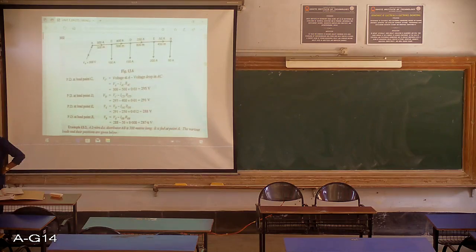Just pay attention here. At C, it is voltage at point A minus the drop in AC. So 300 is here minus what is the drop here? IAC into RAC. IAC is 500 amperes and RAC you have calculated as 0.01 ohm. So you will end up with 295.